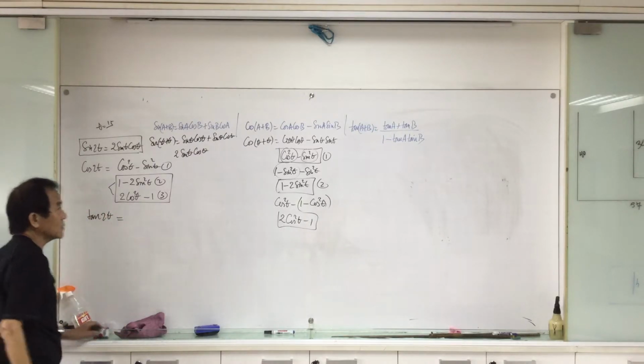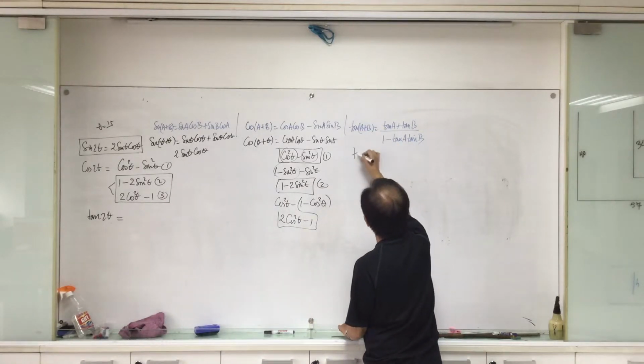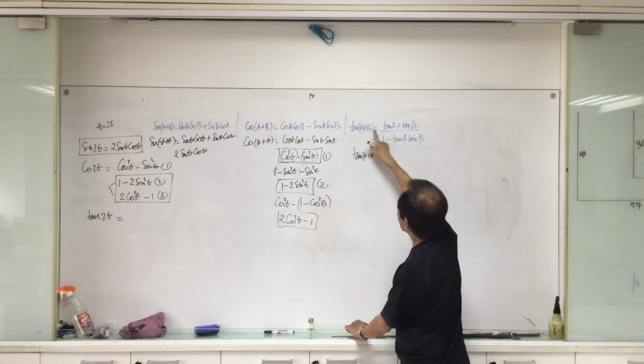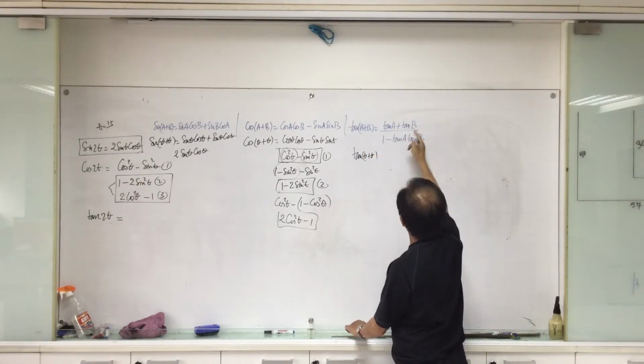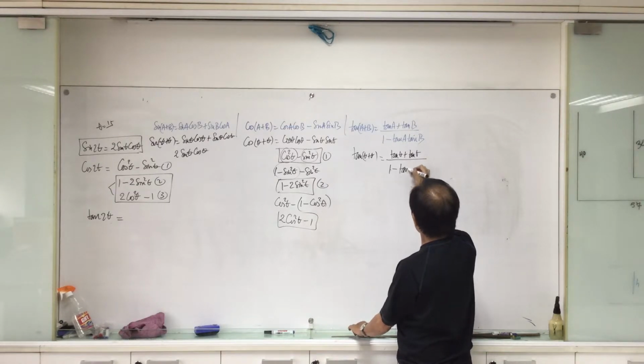What does tangent 2 theta equal? So you change it to tangent of theta plus theta, right? Now A equals theta, B also equals theta. Plug in, both of them theta: tangent theta plus tangent theta over 1 minus tangent theta times tangent theta.